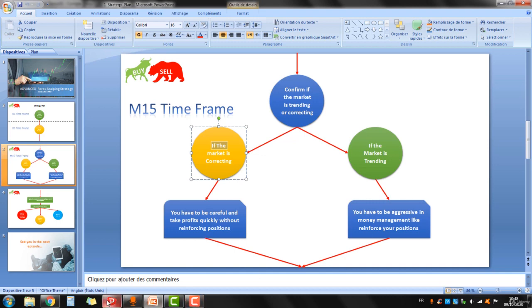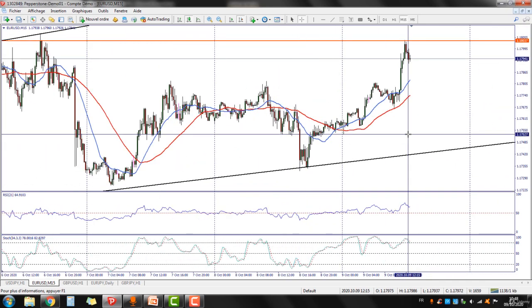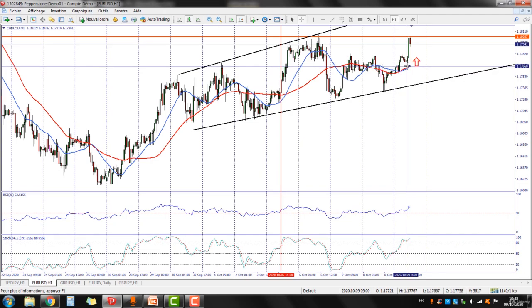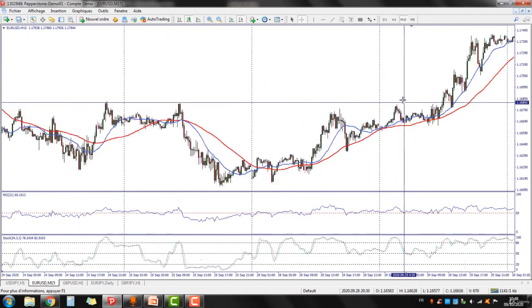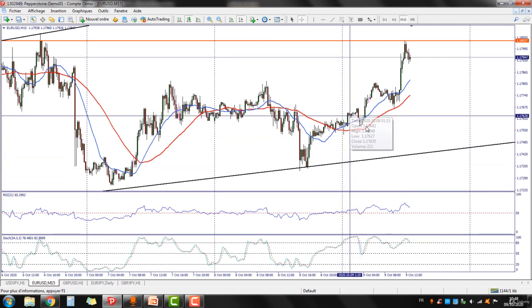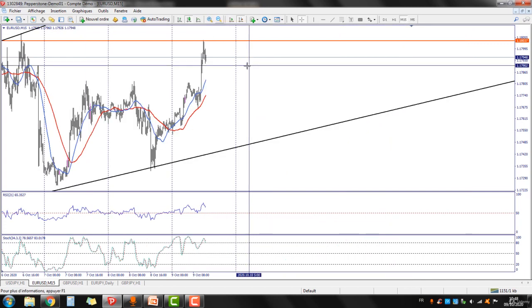So in our example of today, the market is trending up at the H1 time frame and at the M50 time frame also. So you can be kind of aggressive, and you can reinforce your positions.